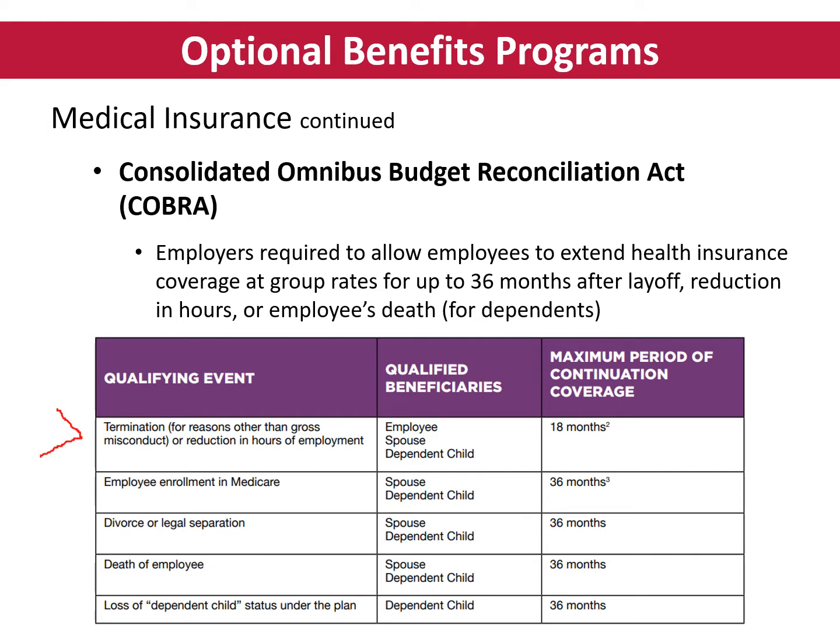If the reason is something other than that, such as the employee enrolls in Medicare, there's a divorce, the employee dies, or there's a loss of dependent child status, then extended coverage can continue up to 36 months. The logic behind this is that the dependents of the employee don't have control over the employee's actions that are causing them to lose their health care coverage.